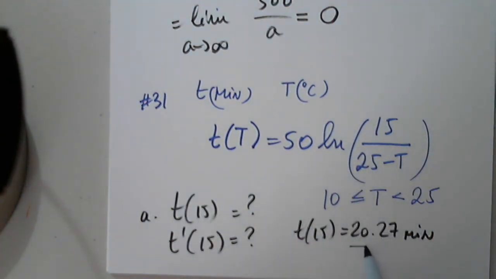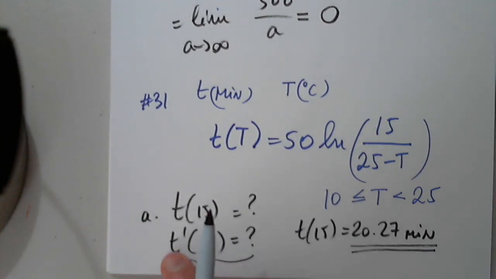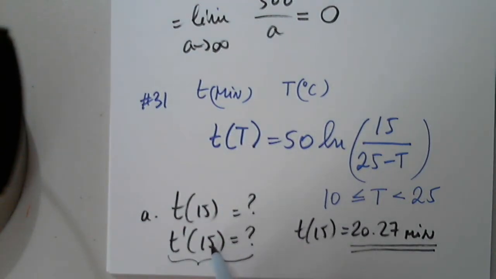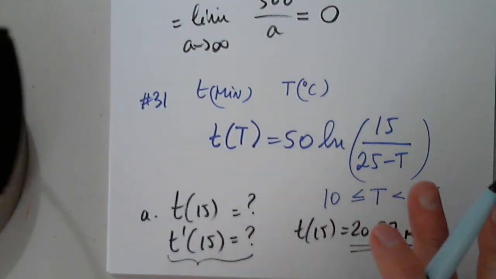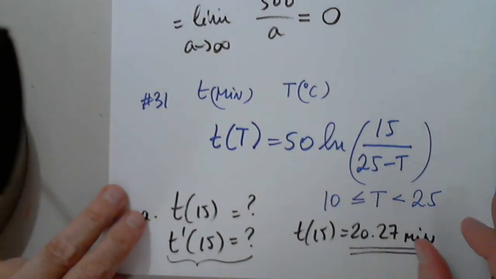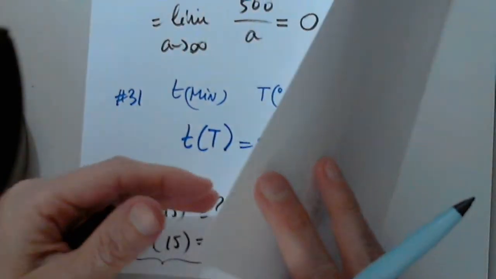And what is the time? 20.27 minutes. Now they're asking us to find the rate of change of the minutes with respect to temperature when the temperature is 15. It's a totally different story, totally different measurement unit. Okay, so this is the function that we need to find the derivative for.